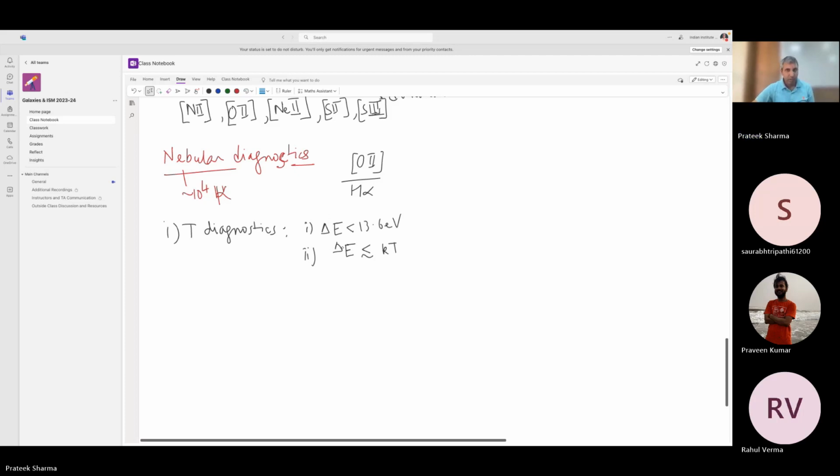So in this case, both levels are collisionally accessible. These should be abundant ions, right? If they are not abundant, then the strength of the line will be weak.